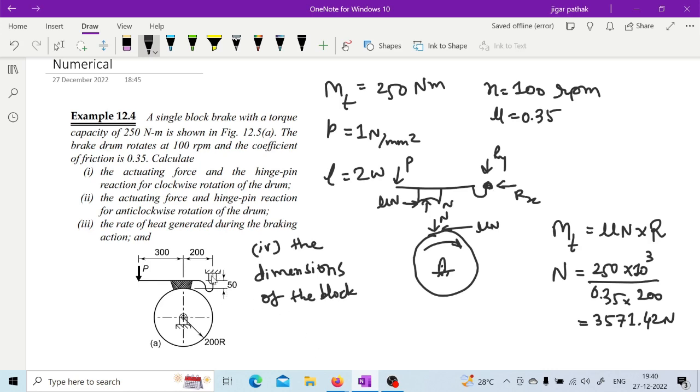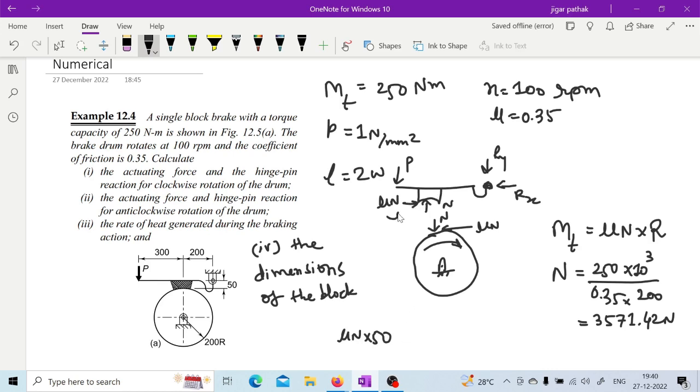So if you take moment about this hinge, then your mu N is acting at a distance of 50, and it is anti-clockwise, right?